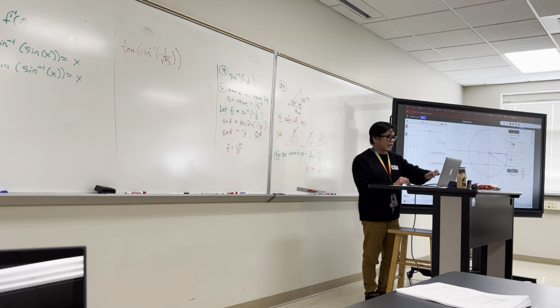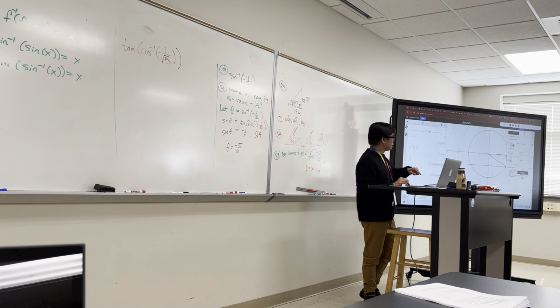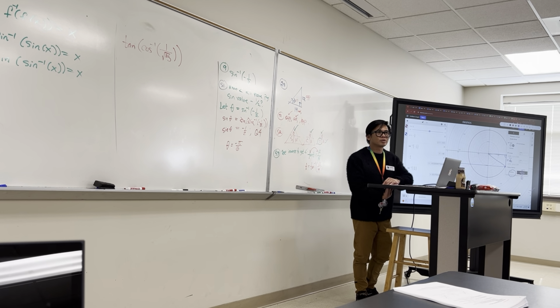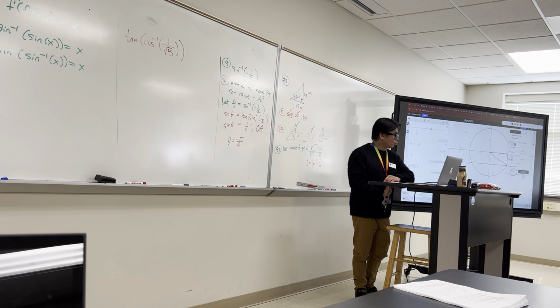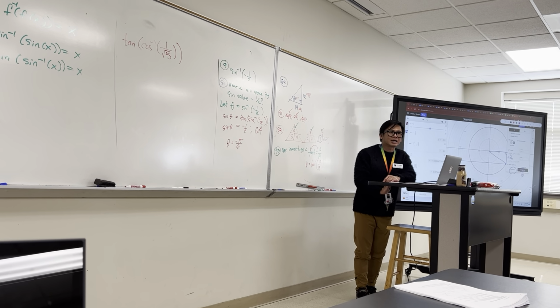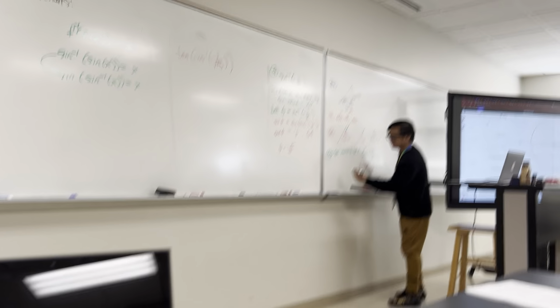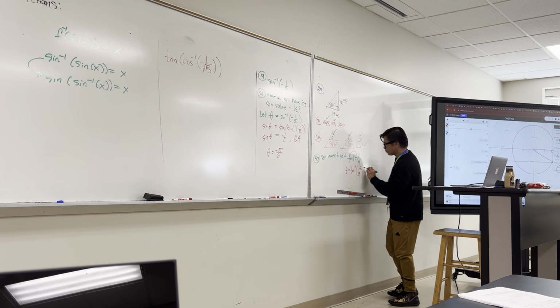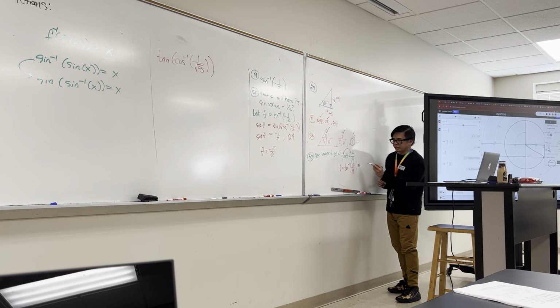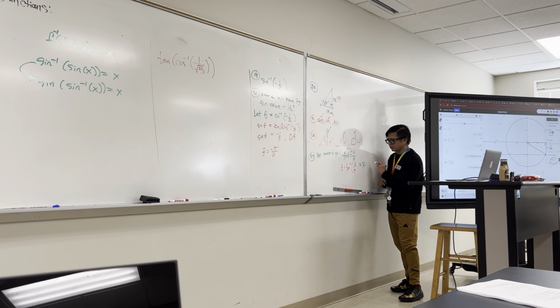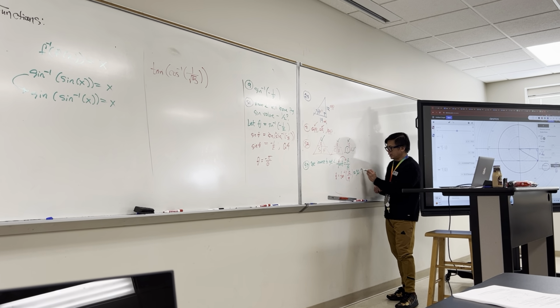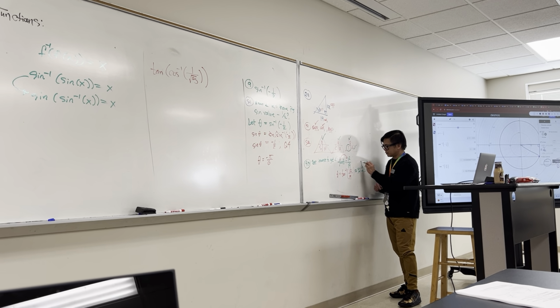Now, considering if the answer is in degrees, how many degrees is that? It says in here 32.28 degrees. Are we good? So we can say in here that theta is approximately how much? 32.28 degrees.